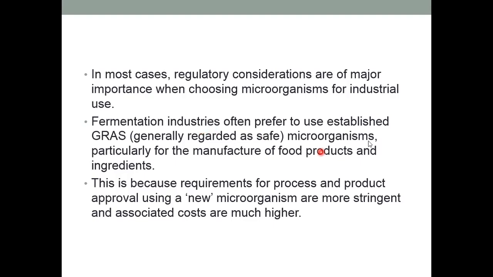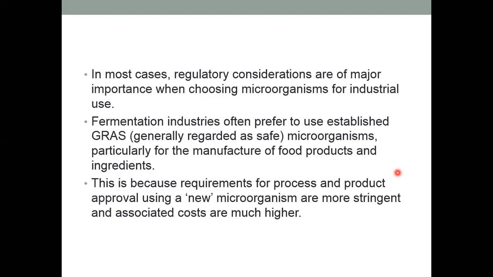Fermentation industries usually prefer GRAS microorganisms. What are these GRAS microorganisms? These are generally regarded as safe. It's an acronym, G for generally regarded as safe. They shouldn't be pathogenic bacteria. You can't culture pathogenic bacteria in any fermentation industry or any food industry in which you want to obtain some sort of product, because that is not safe.